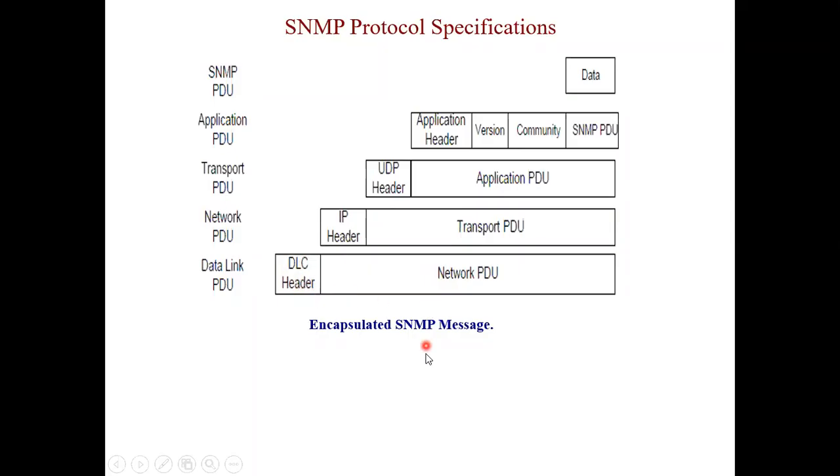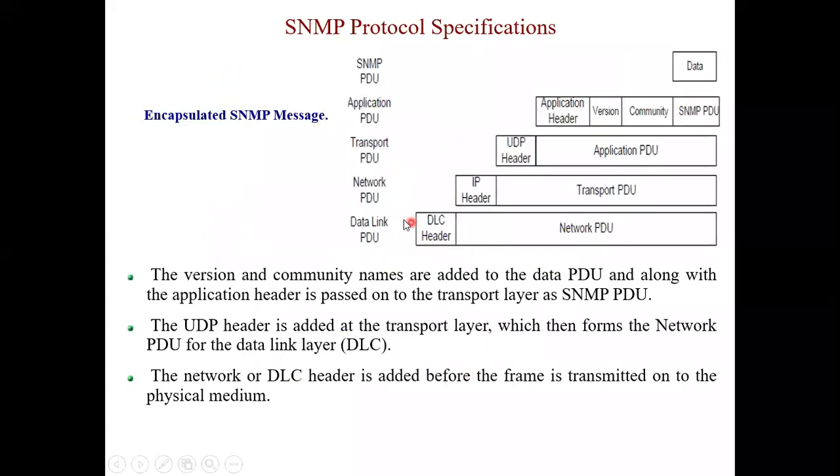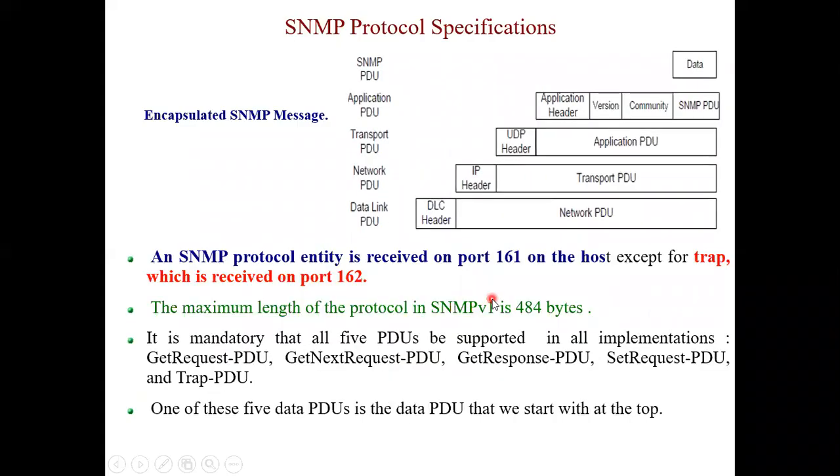Then finally it goes to the physical layer. From the physical layer, one header is removed at each layer as it goes to the top, and then again we have the data. This is how the encapsulation of SNMP message takes place.